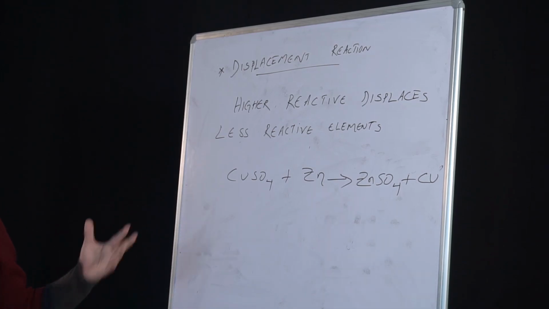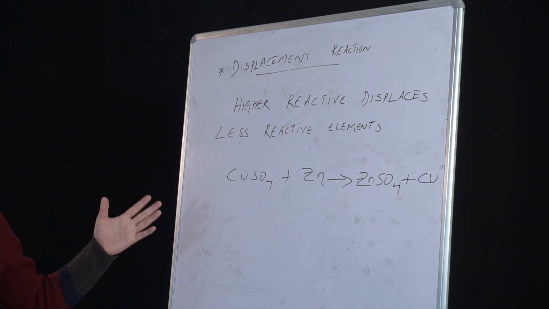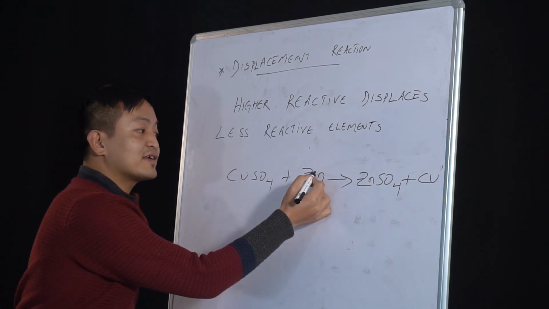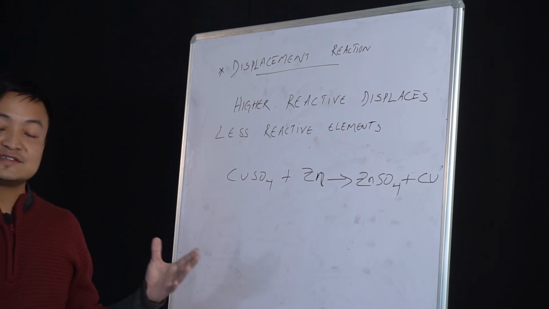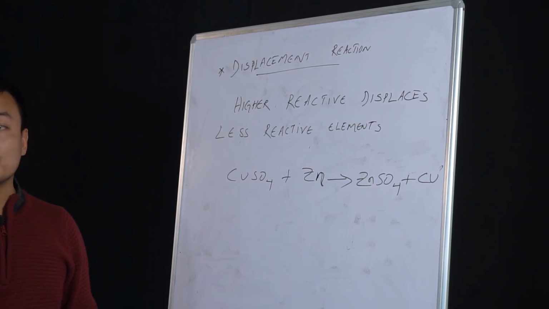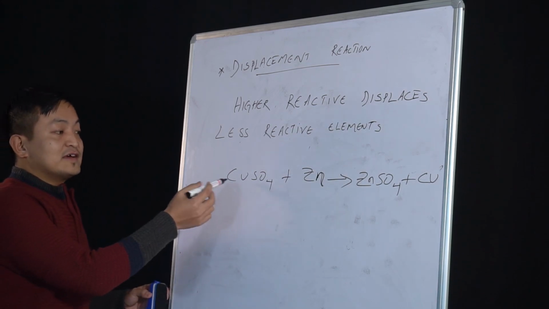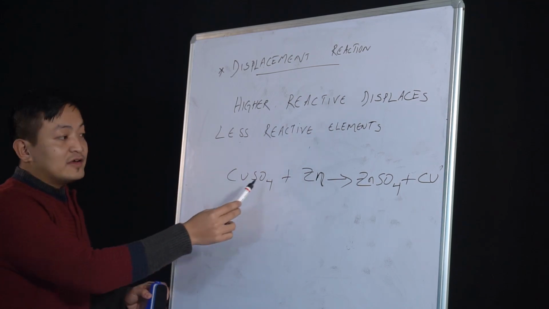So for our listeners who are hearing the voice clip, copper sulfate, the chemical formula is CuSO4, and zinc, the formula is Zn, and the products we get are zinc sulfate, that is ZnSO4, and copper. So here what you get to see is copper sulfate and zinc reacting together.